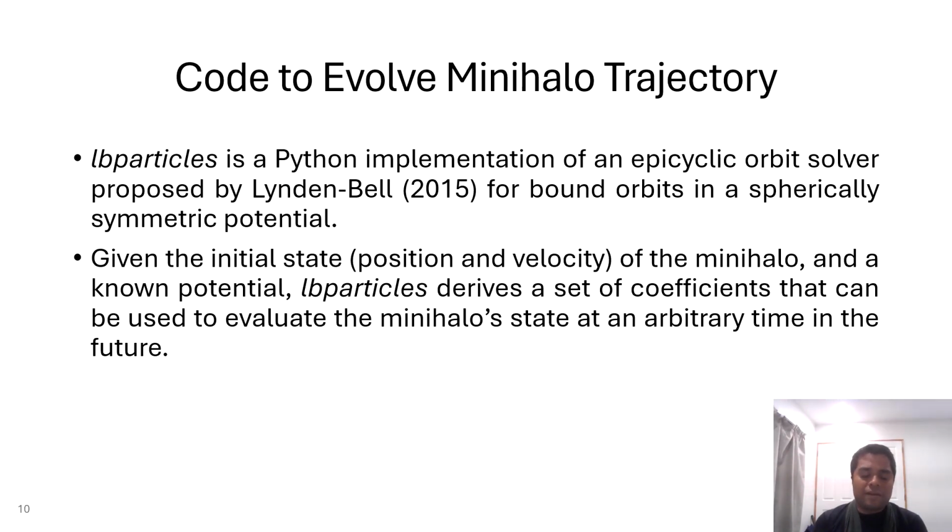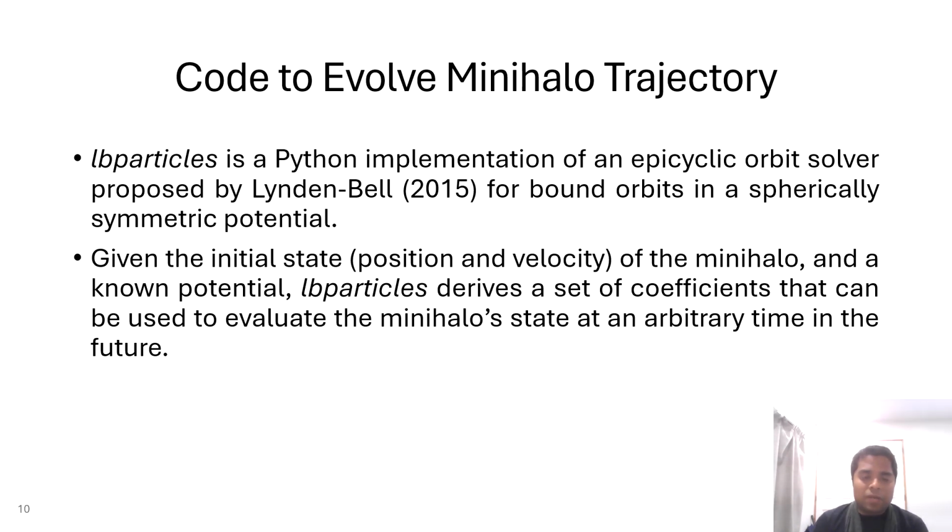Now once we've generated the orbit, we want to evolve the orbit. LB Particles is a code developed by my collaborator John. It is a Python implementation of an epicyclic orbit solver, which was initially proposed by Lynden-Bell in his 2015 paper, and this is applicable for bound orbits in a spherically symmetric potential.